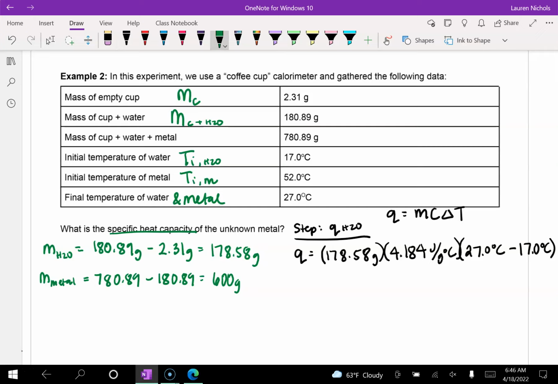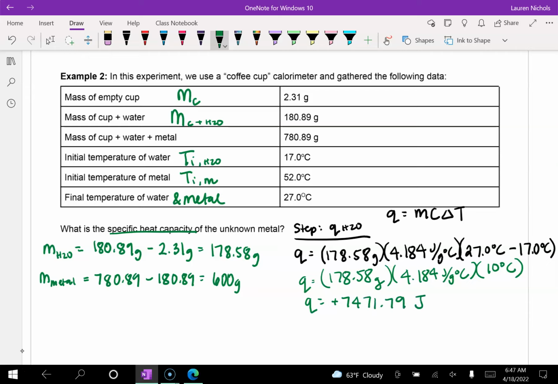So as we begin to simplify, this is going to be 10 degrees Celsius times our original values. And so we find out that Q of our water, 178.58 times 4.184 times 10, means that it has absorbed, so it's positive 7,471.79 joules.